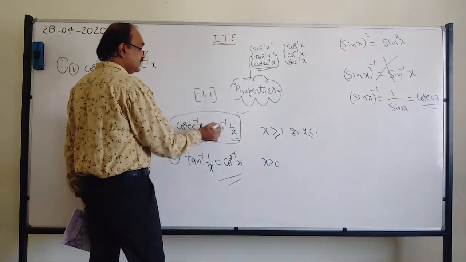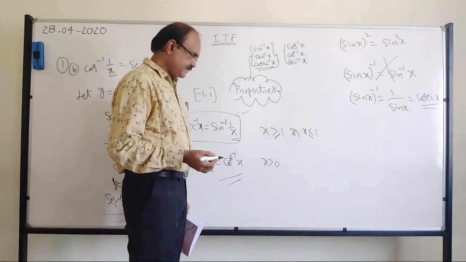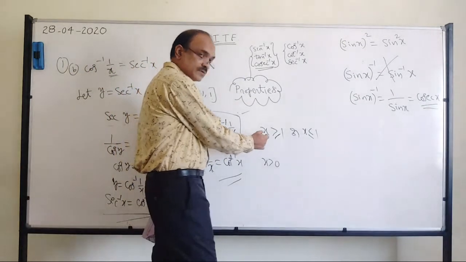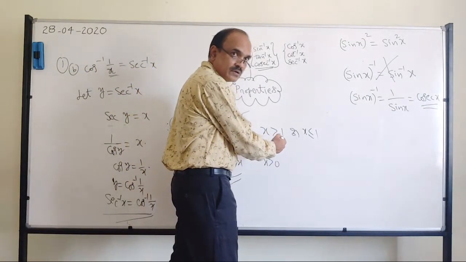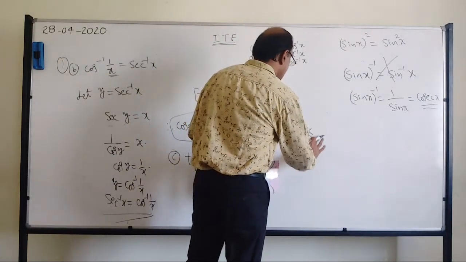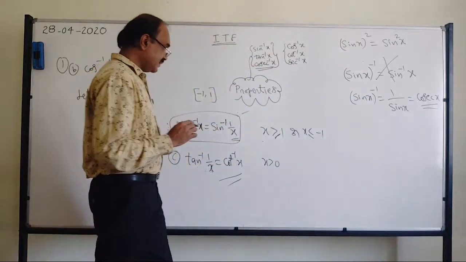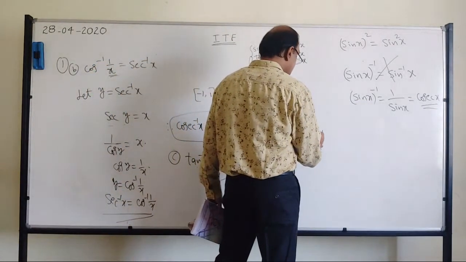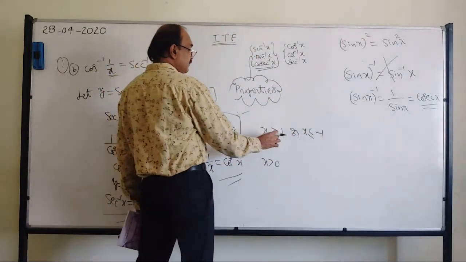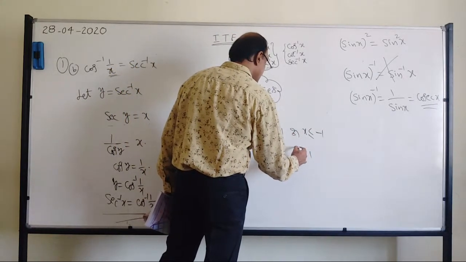The domain for the reciprocal: x should be greater than or equal to plus 1 or less than or equal to minus 1. So you cannot take values between minus 1 and 1.